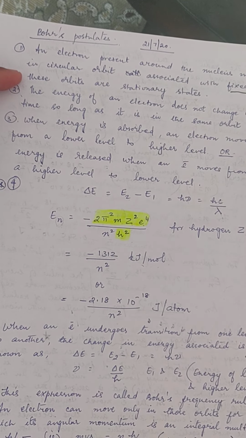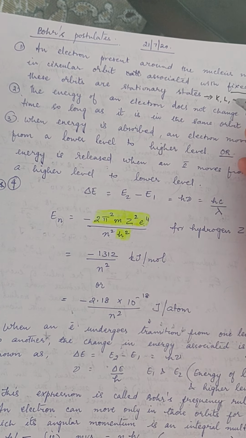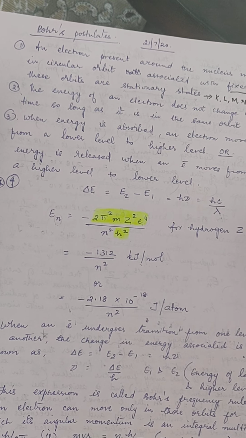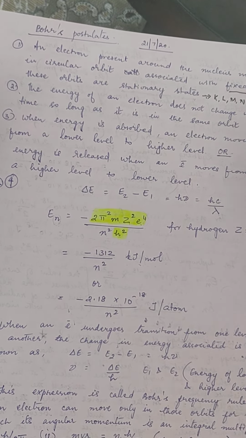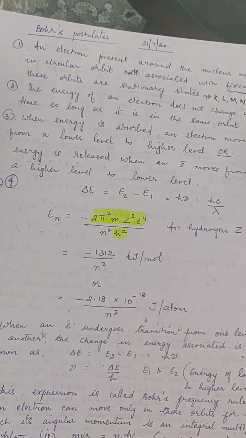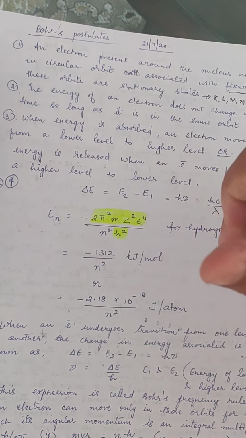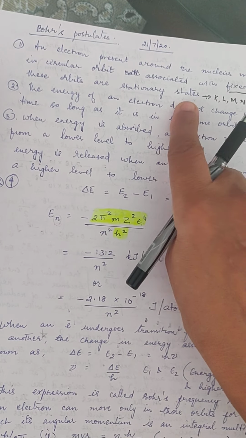These orbits are called stationary states. They are K, L, M, N, etc. This you have to remember. Why do you call them stationary states? Because the orbits don't move, only the electron is moving. Since the orbits are stationary, they are called stationary states.